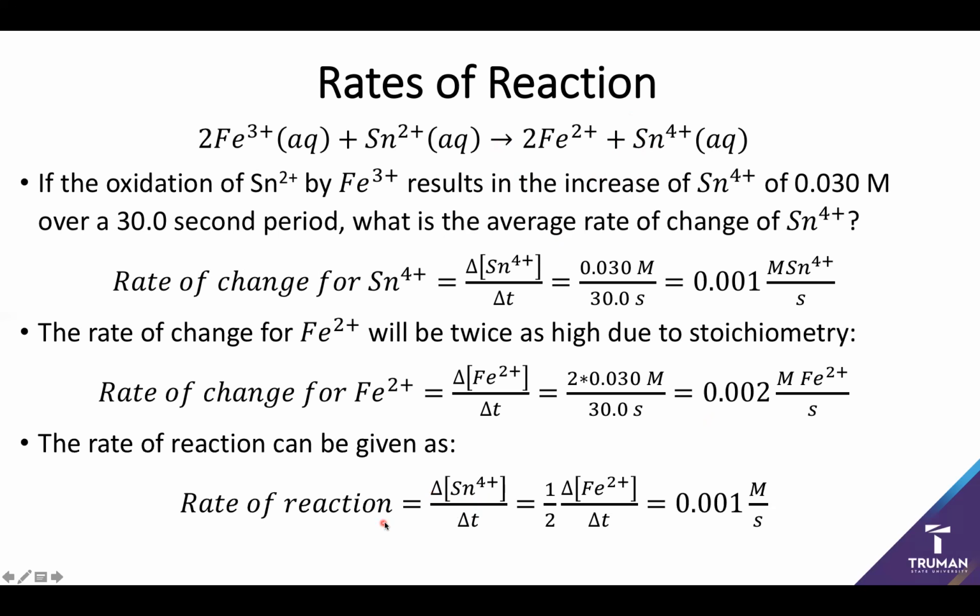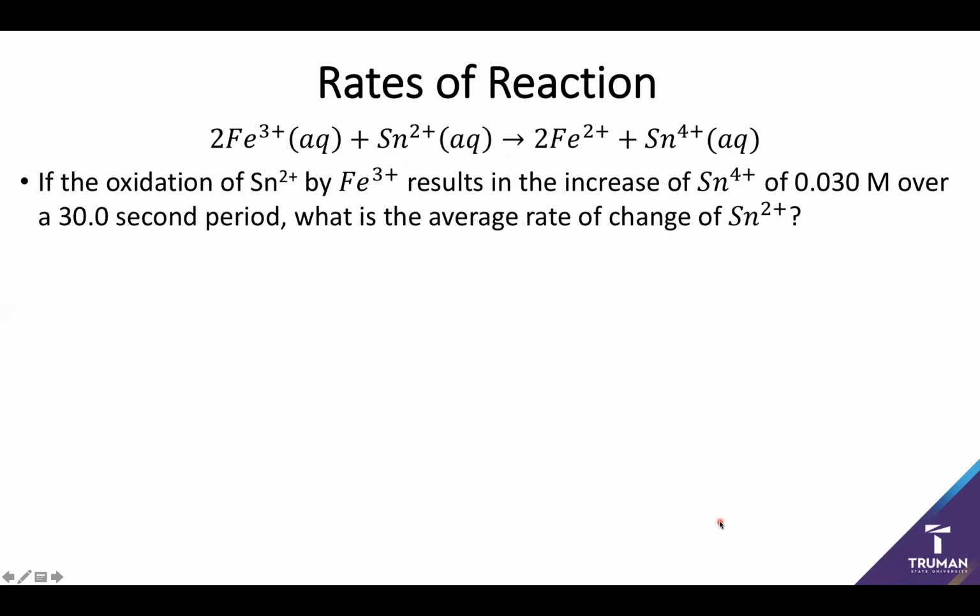However, this gets a little peskier if I'm measuring the change in concentration of iron, because it will be twice the size of the rate of the reaction, again, because of that coefficient. To bring it down to size, we have to divide that change in concentration by the coefficient to find the moles of reaction. So the overall rate of reaction would be about 1 millimolar per second.